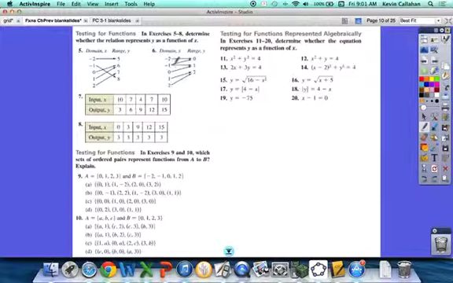Something like this means not a function. If you got 2 arrows coming from the same x, that's like the x repeating in one of these. So this is not. This is a function because you don't have 2 arrows coming from the same x. It does not matter that two x values go to the same y. That's okay. That's a function. And when you're looking at tables of values, you're looking for repeats.